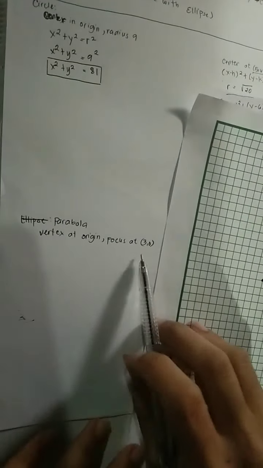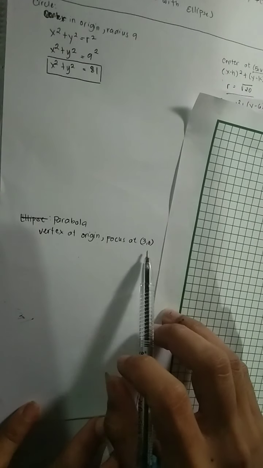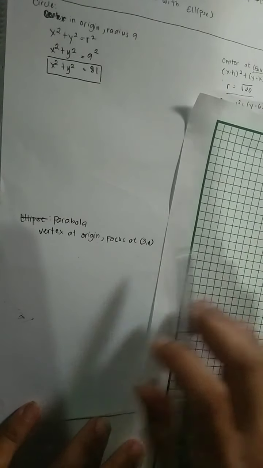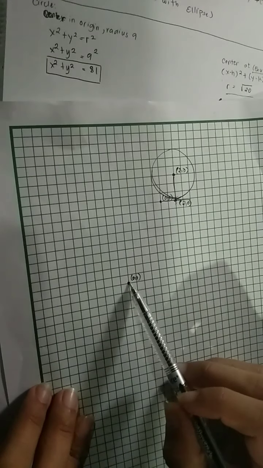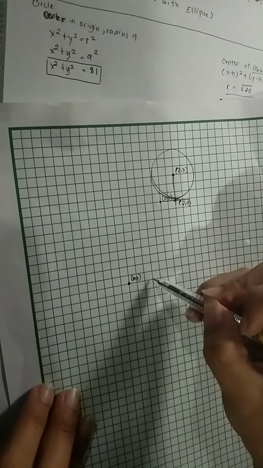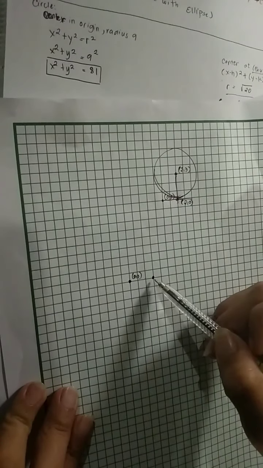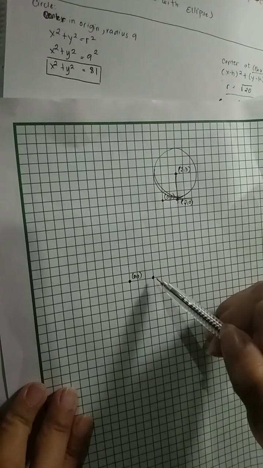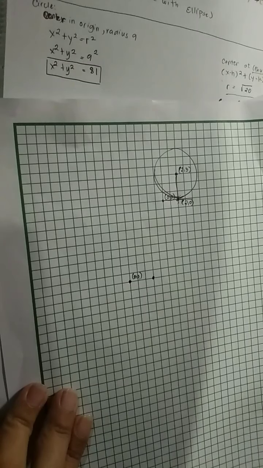The given is its vertex is at origin and its focus is at (3, 0). So our x is 3, 1, 2, 3 from the origin, and y is 0. So the focus is always inside the curve.